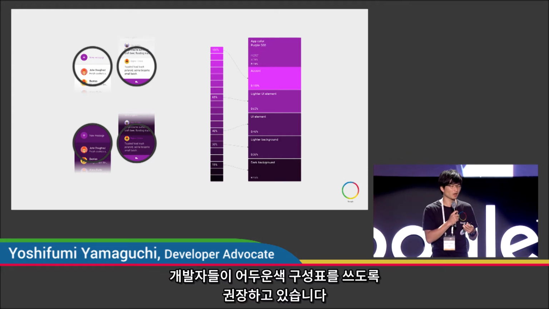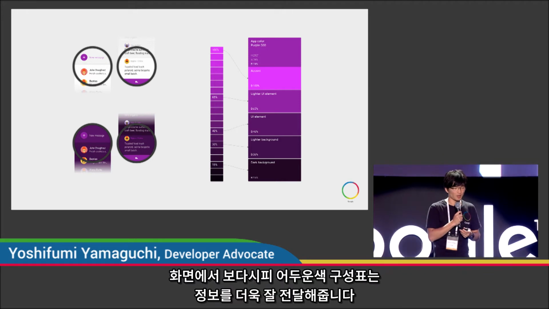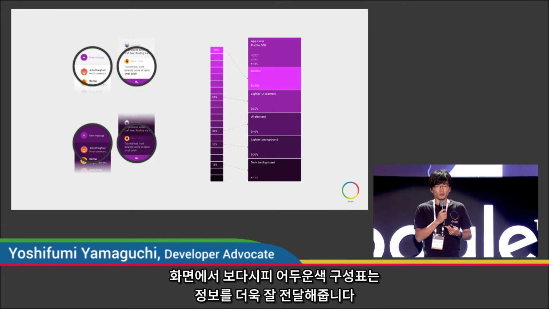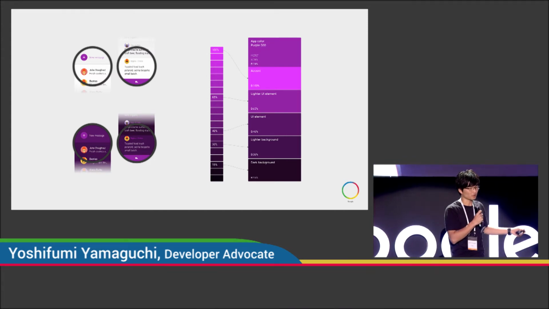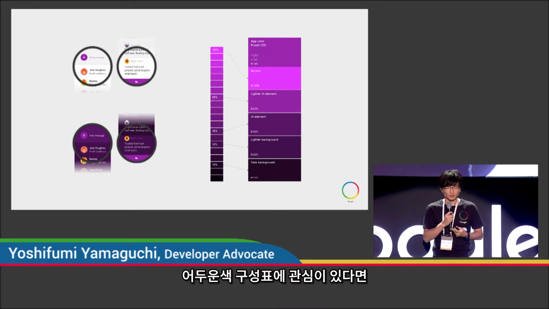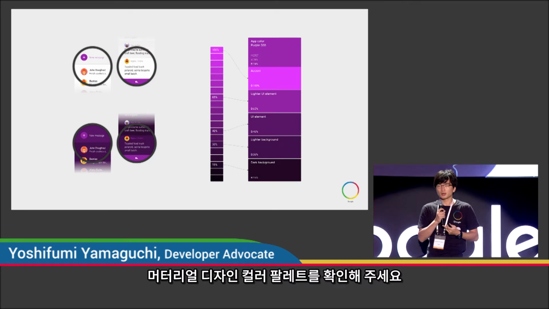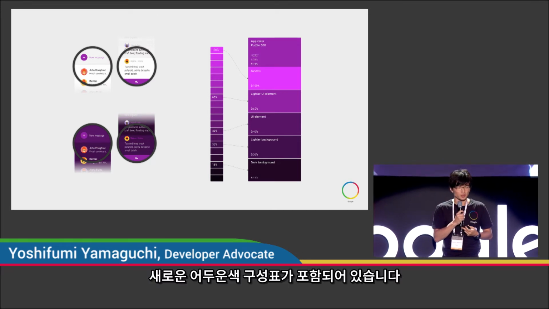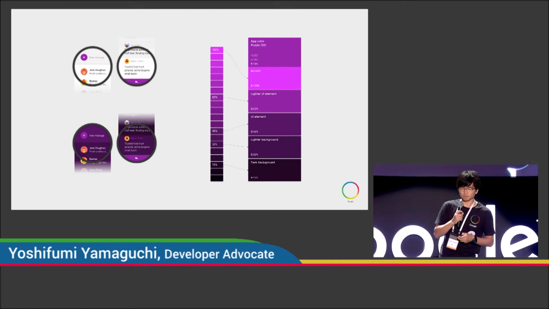So we are encouraging developers to use a darker color scheme, and as you see, the darker color scheme also works well for getting information from the screen. If you are interested in the new darker scheme colors, then please access the material color palette, which includes the new color palette for this kind of darker color scheme.